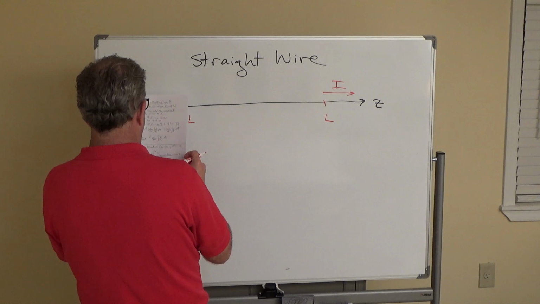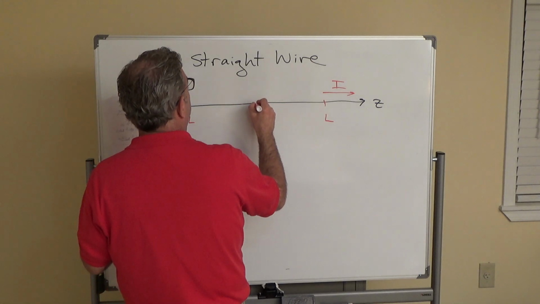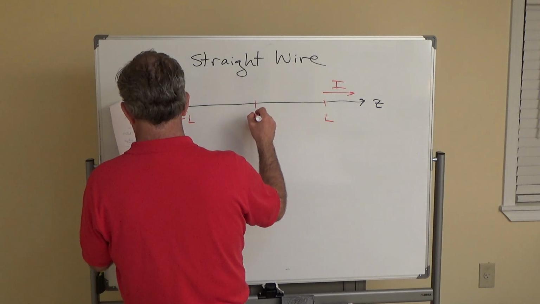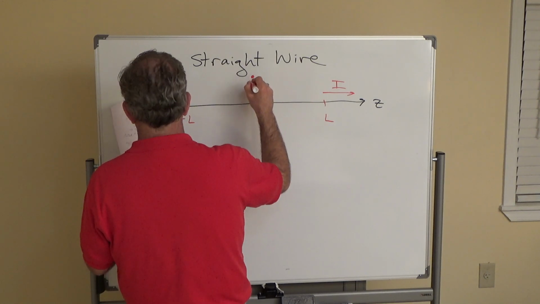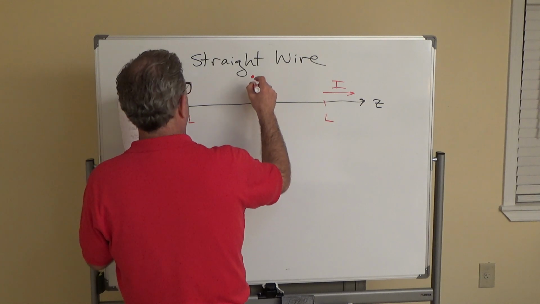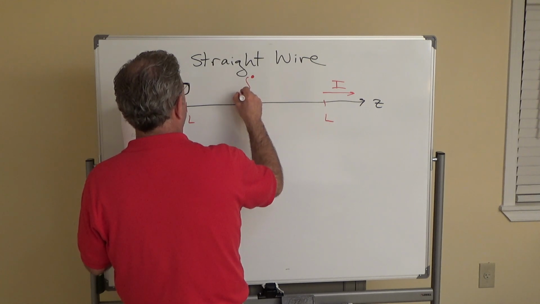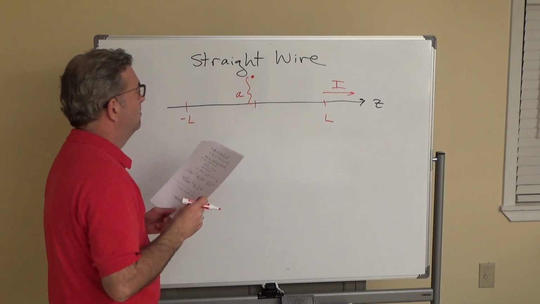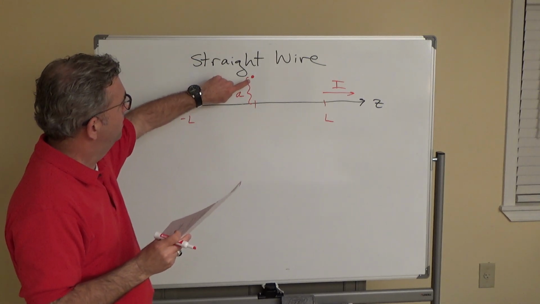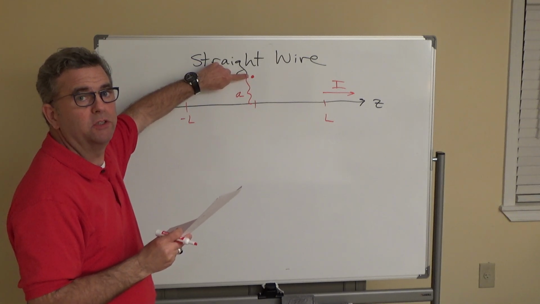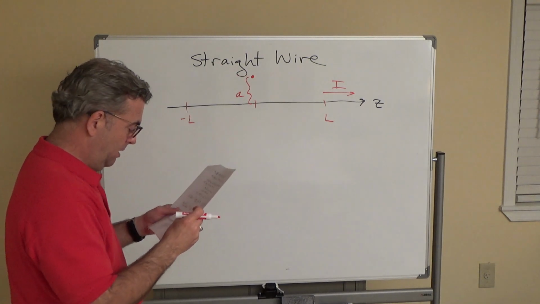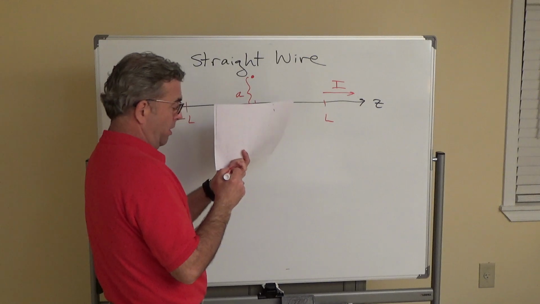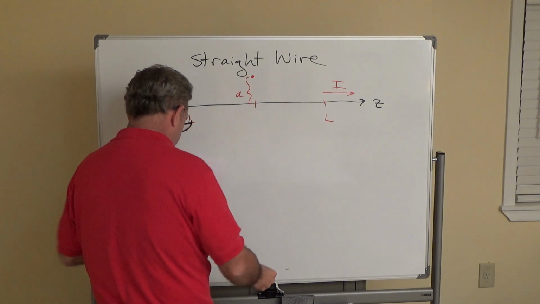okay? And here is the origin, and here is the point that we're interested in, and let this distance equal a. Okay, so we're looking at the magnetic vector potential at this point. So like always, we're going to break it up into little segments of dl.